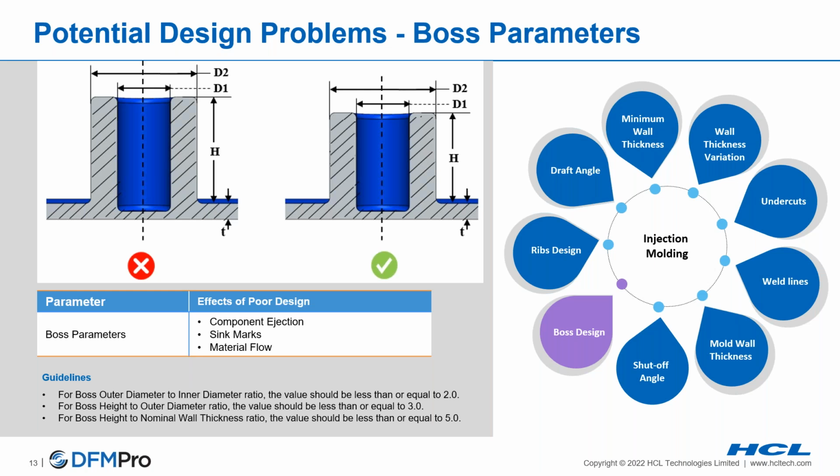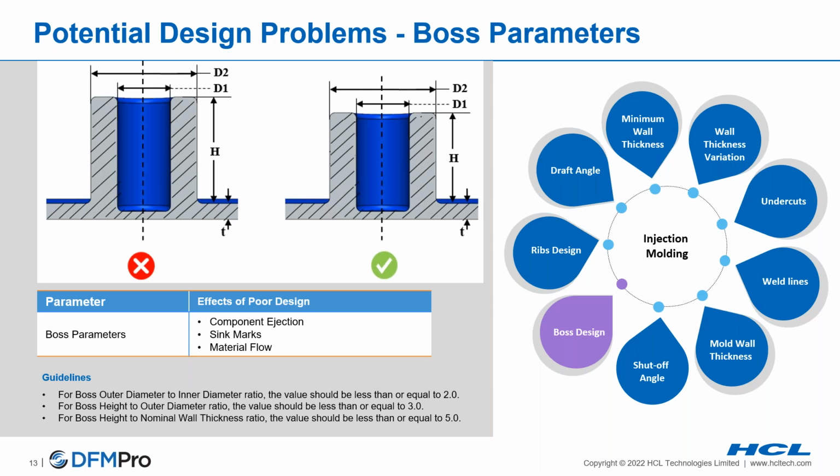Second one is the boss parameter. Bosses are normally designed into plastic parts to allow for the installation of threaded inserts, guide pins, and self-tapping screws. When it comes to maintaining an ideal height for the boss, it is critical to understand that if a tall boss is designed with an appropriate draft angle, it will still result in a thick section at the base of the boss.